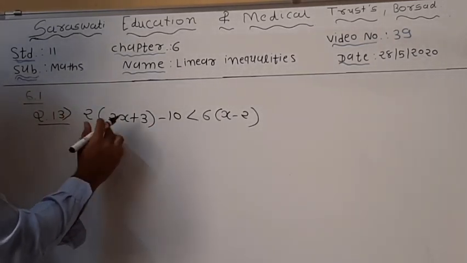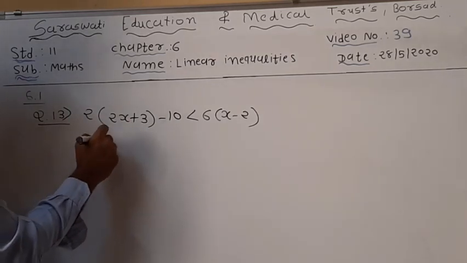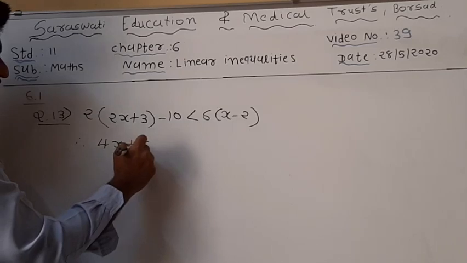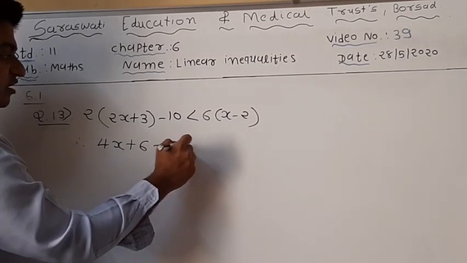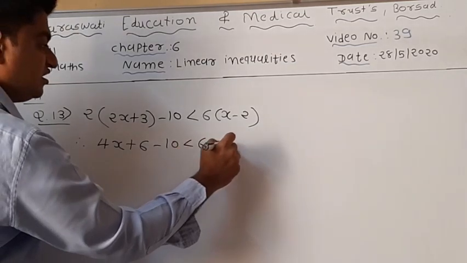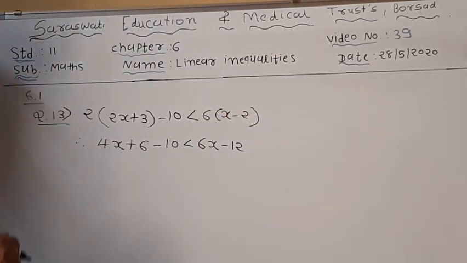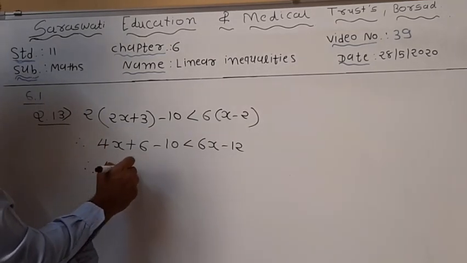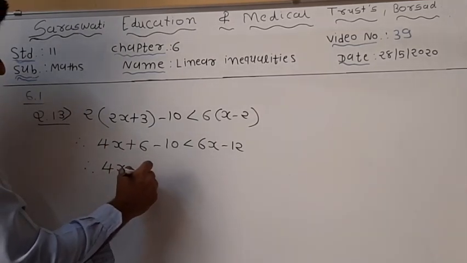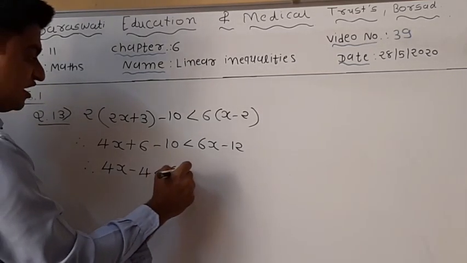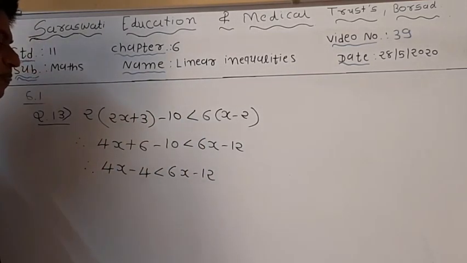So open this bracket. 2 times 2x is 4x, 2 times 3 is 6, minus 10, less than, open this bracket, 6x minus 12. 4x plus 6 minus 10, that means minus 4, less than 6x minus 12.